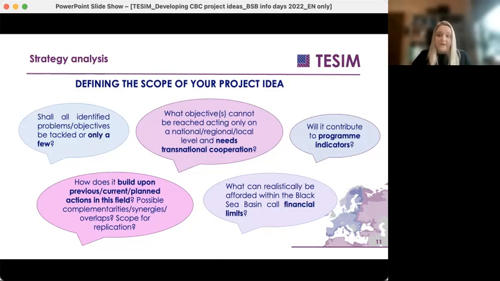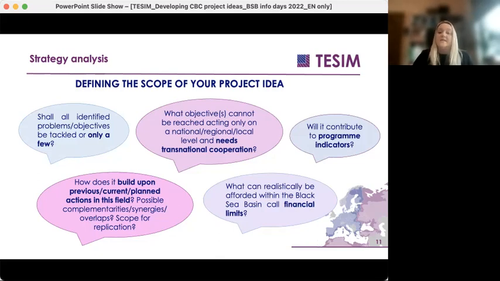Also, screen and look at what projects are already implemented in this field. Are you complementing what is already achieved? Are you building on what is already achieved? And when defining the project strategy, keep in mind also the financial limitations.